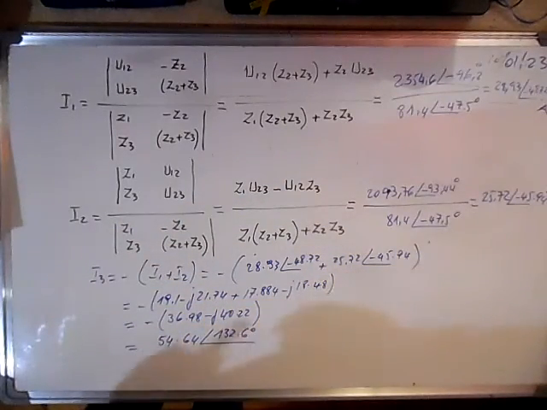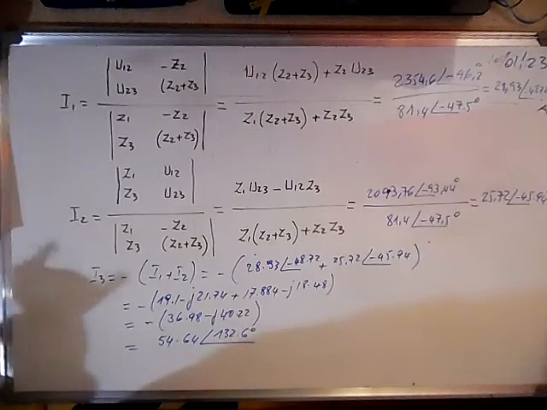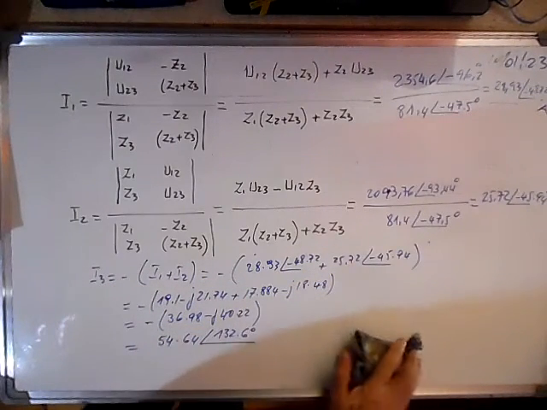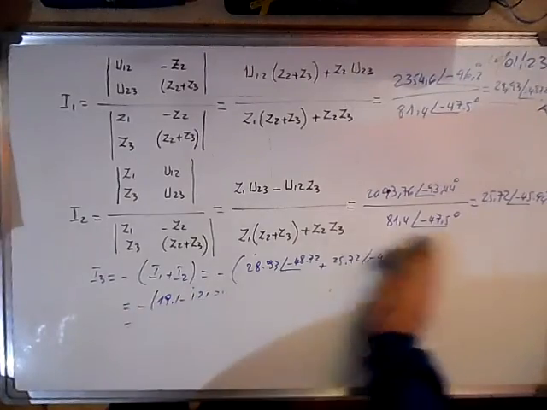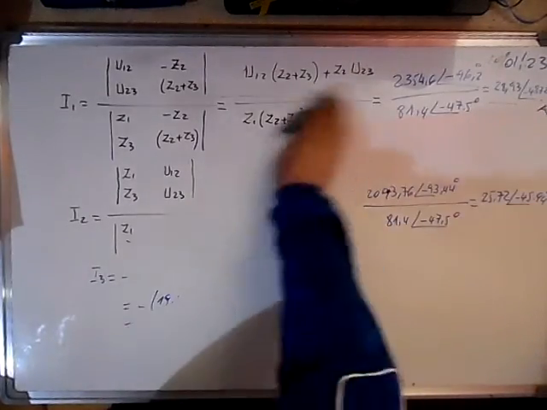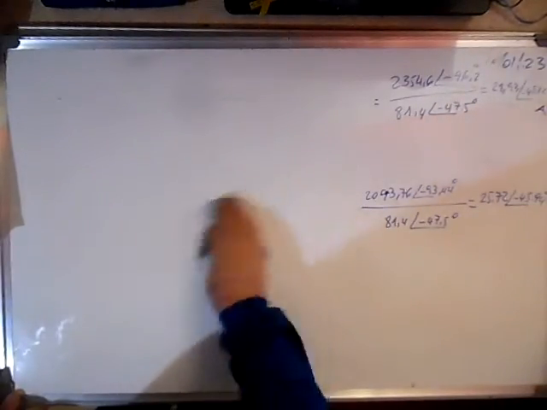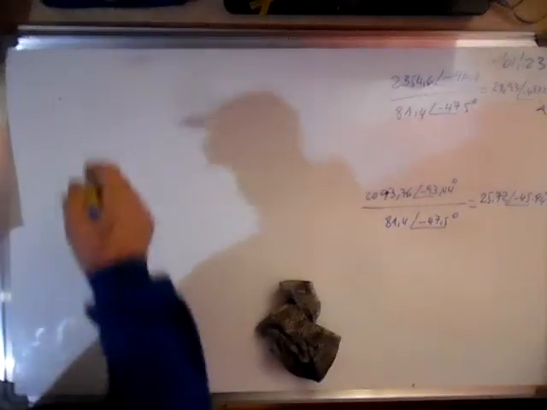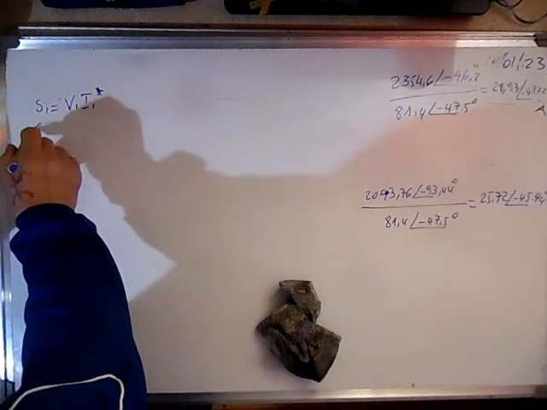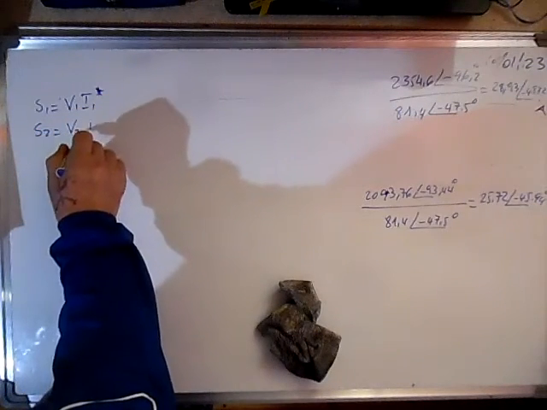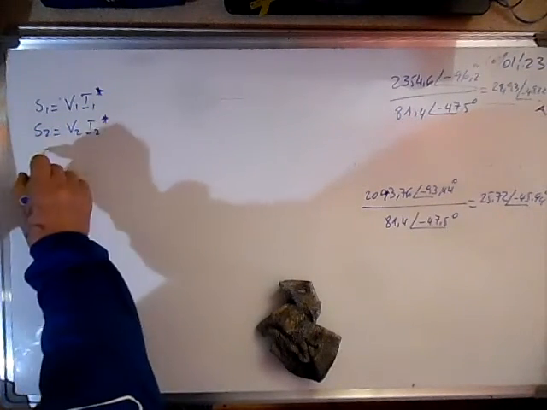Now we can calculate the power delivered by the source. S1 is equal to V1 times I1 conjugate, S2 is V2 times I2 conjugate, and S3 is V3 times I3 conjugate.